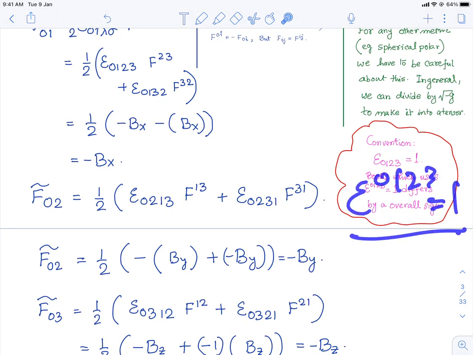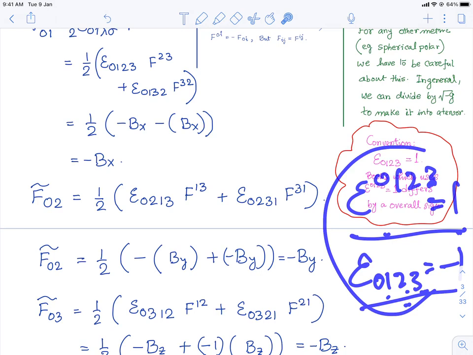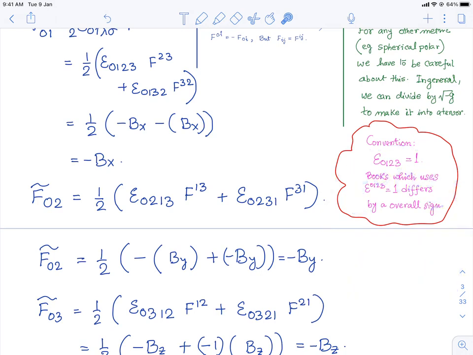In Jackson's convention, if you lower it, epsilon 0,1,2,3 is going to be minus 1, because there are three spatial components. My convention is slightly different, and I have called the 0,1,2,3 component 1. As far as the tensorial properties are concerned, it doesn't change; it's just an overall multiplicative factor of minus 1 in defining the dual tensor.